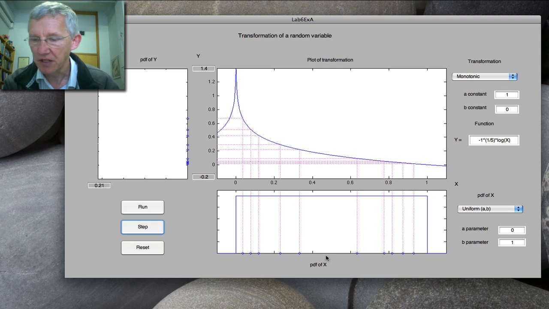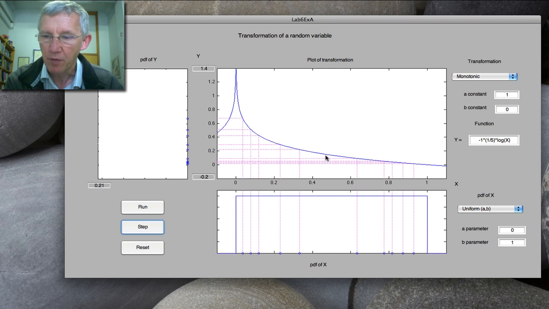For example, you could think about the median of x. The median for x is a half, because half the time it's bigger than a half and half the time it's less. If we come up here, we can see therefore that the median for y is just under 0.2. If x is a half or more, it hits this function and the value for y ends up being less than that value there.